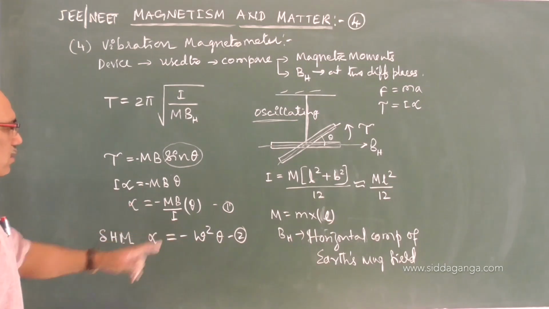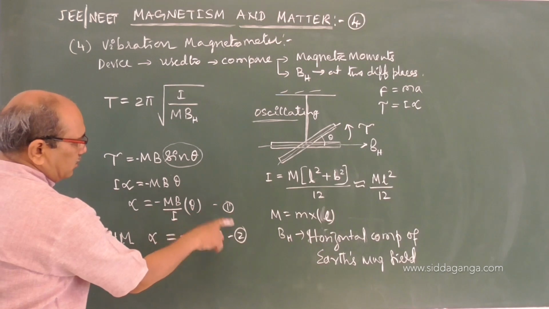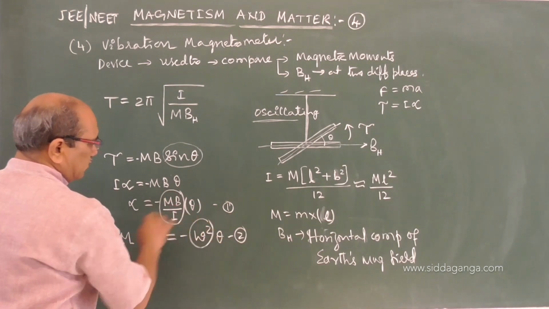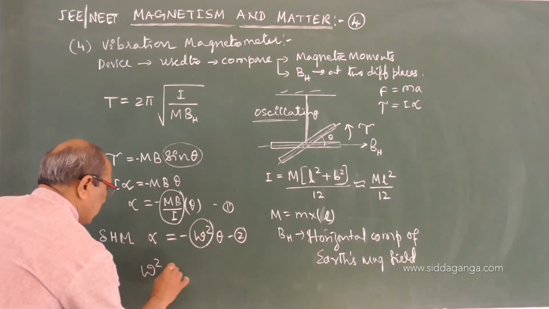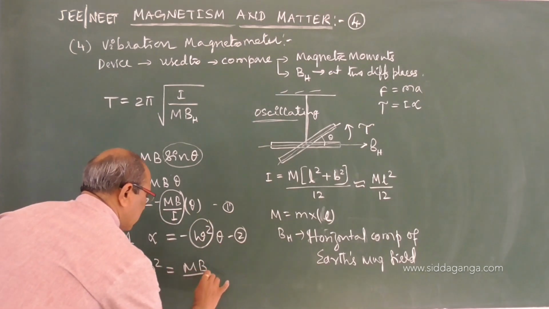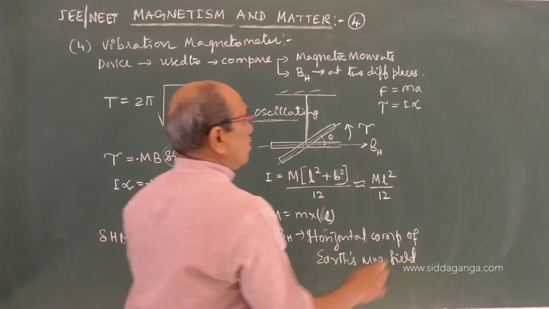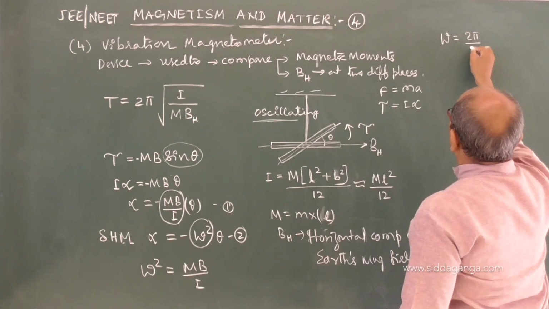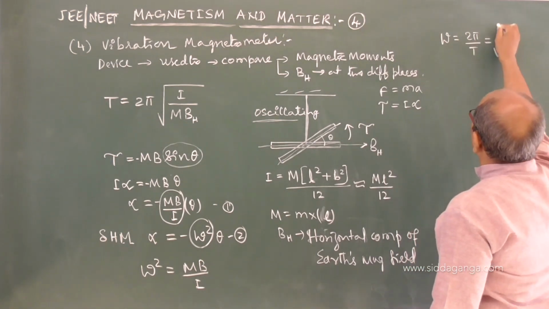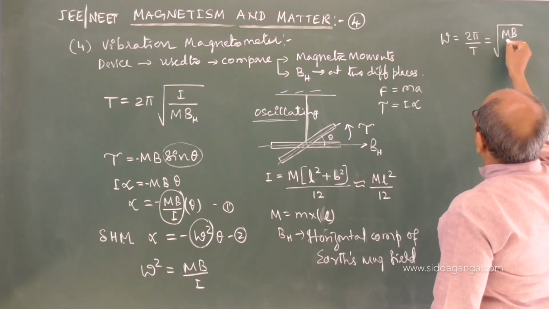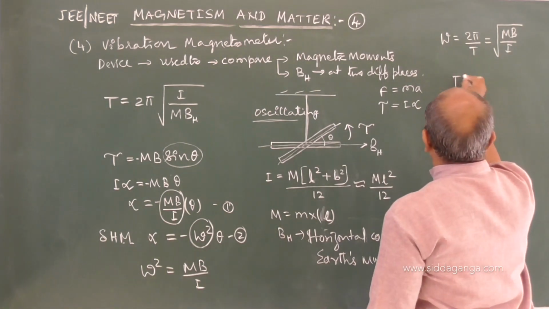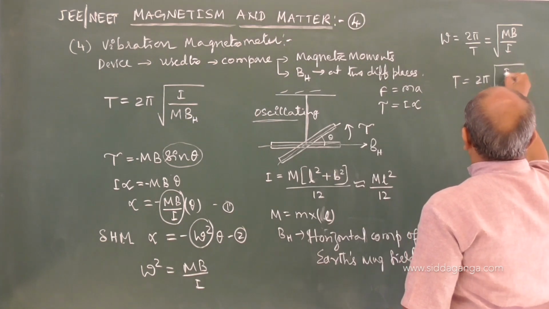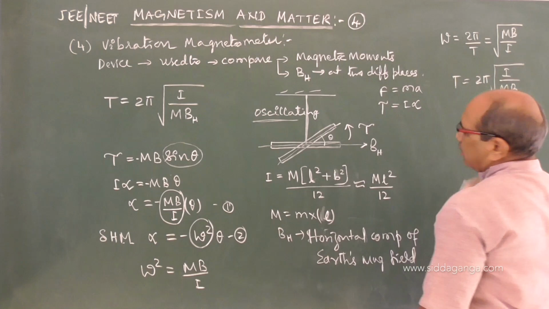Comparing equation 1 and 2, mB by I is omega square. Omega is 2 pi by T, which is equal to root of mB by I, or the period equals 2 pi into root of I upon mB.